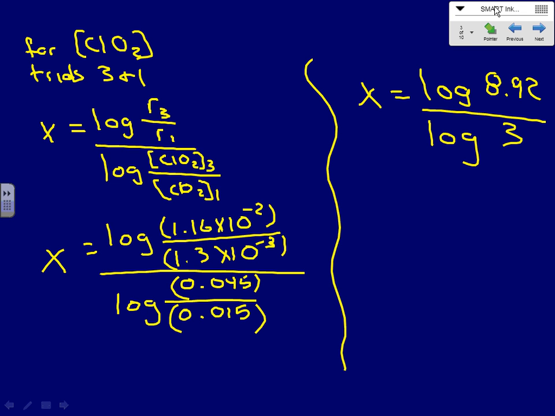That's really what's coming out of it. If we were to write this in that other equation before we wrote the log method, you would essentially have the rate 8.93 is equal to, and then the concentrations, 3 to the exponent x. All right? It's essentially what it's asking.